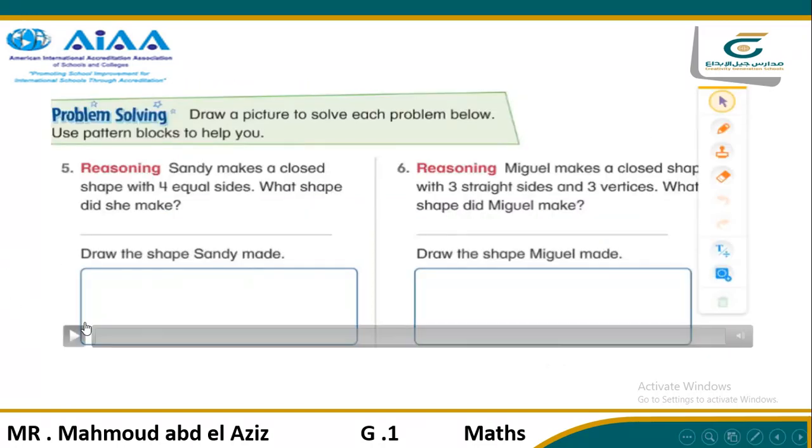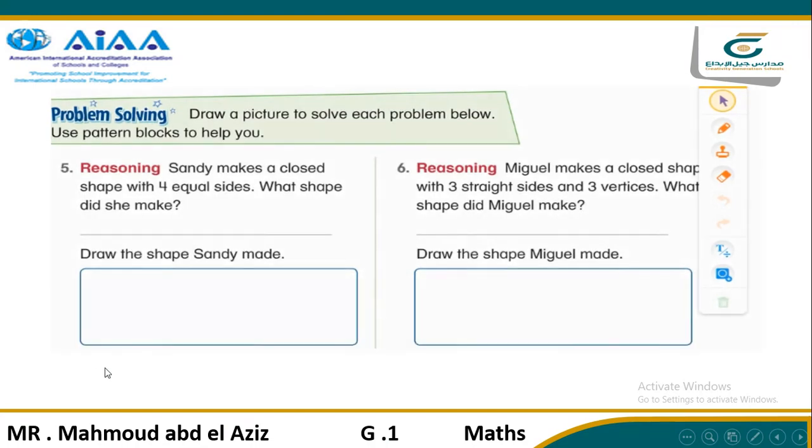Another question here. Sandy makes a closed shape with four equal sides. With four equal sides. What shape did she make? Let's draw the shape. Four equal sides. The first one looks like this.